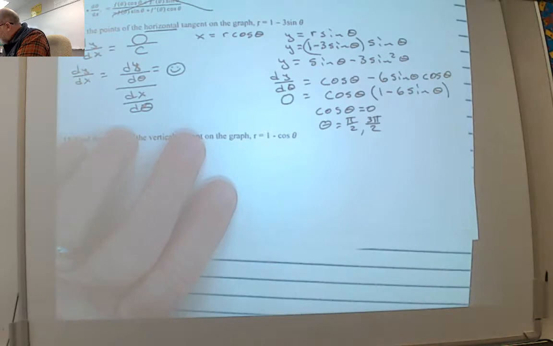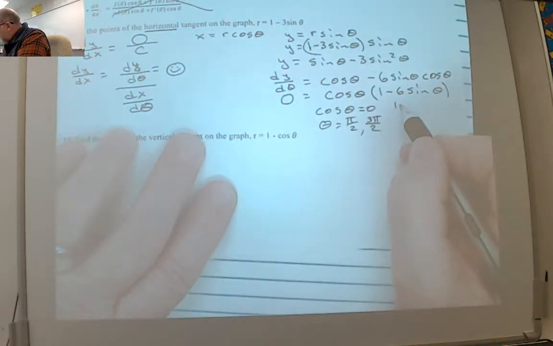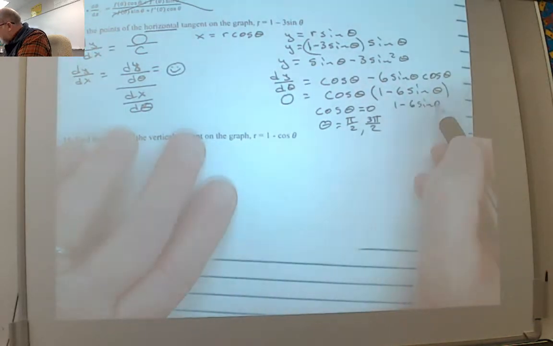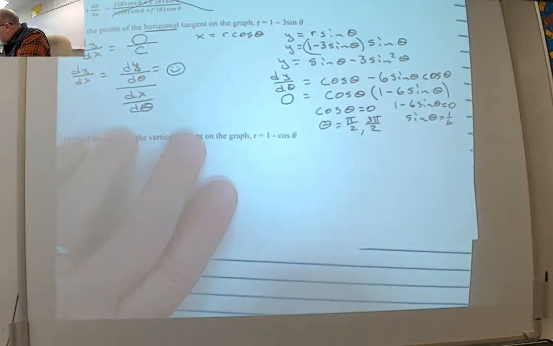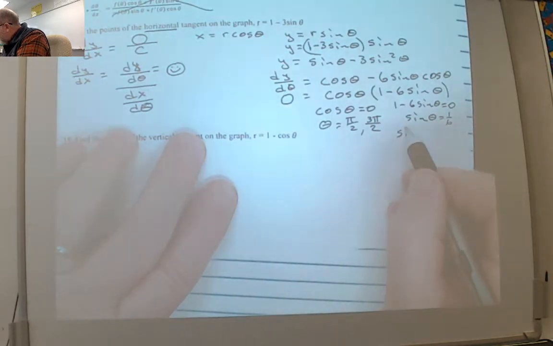I'm going to let 1 minus 6 sine of theta equal 0, and I'm going to get that the sine of theta is equal to 1/6. That means the sine inverse of 1/6 is going to be my theta.